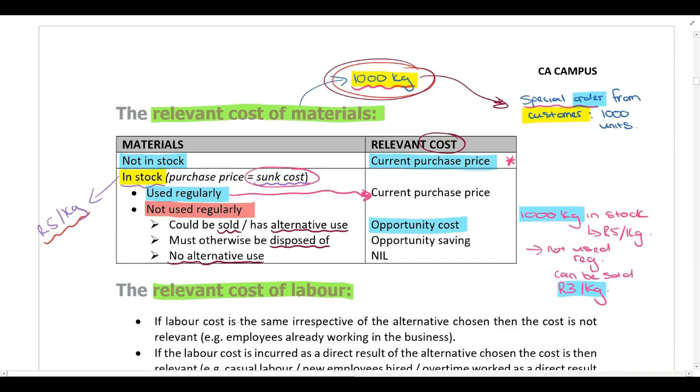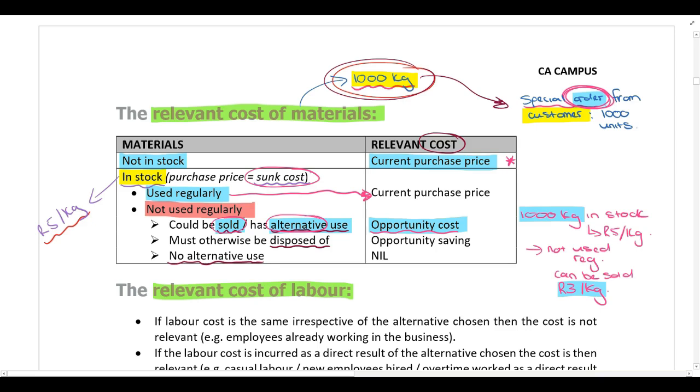So please look, if it is material that is not used regularly by the company, but it can be sold or we can use it for something else, you have an opportunity cost. Because if we use it for this specific order over here, you will not be able to sell it and you will not be able to use it for something else because it's going to be used for this order.